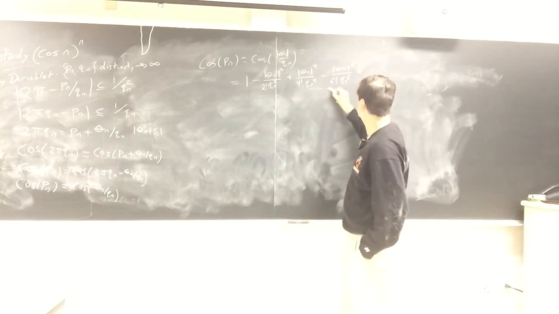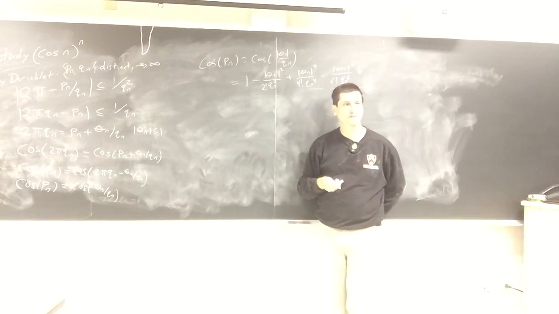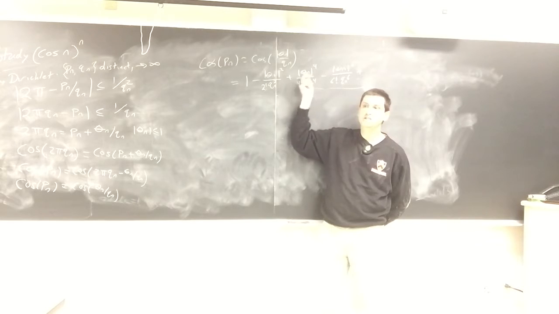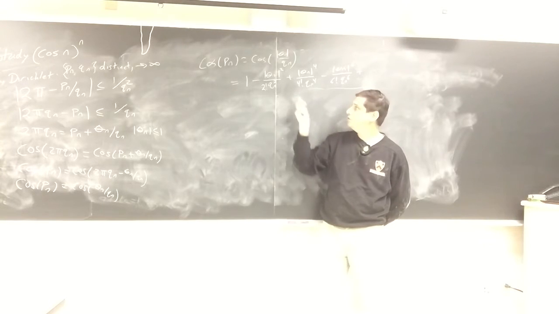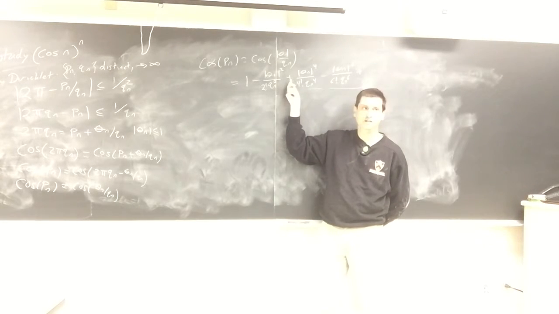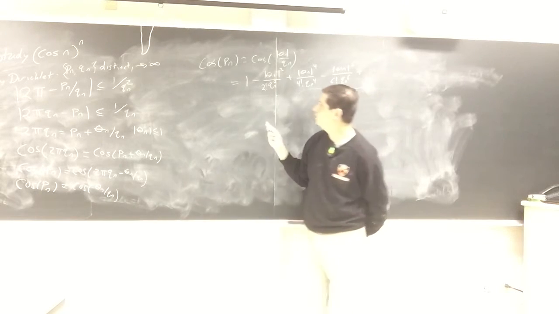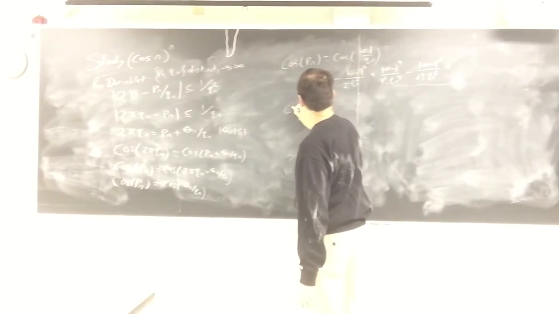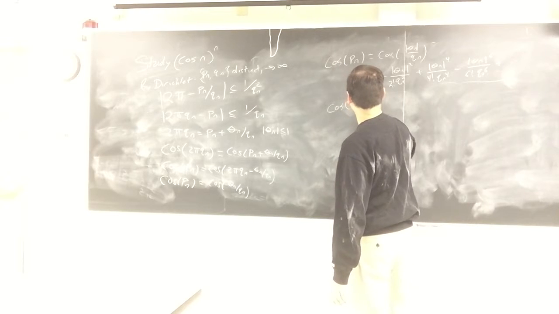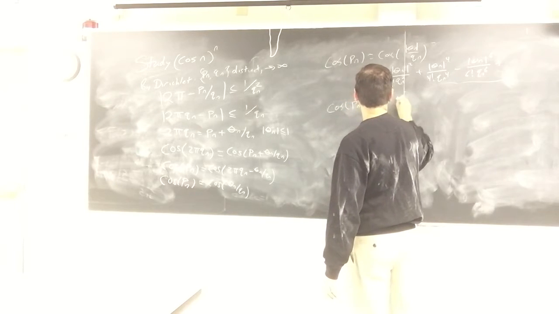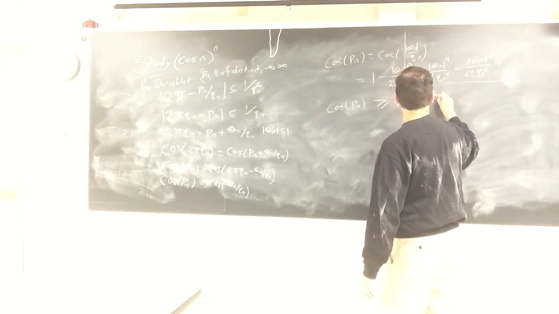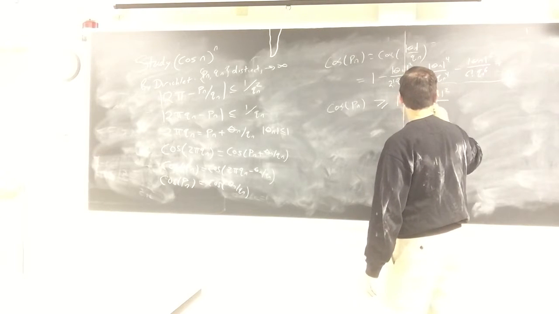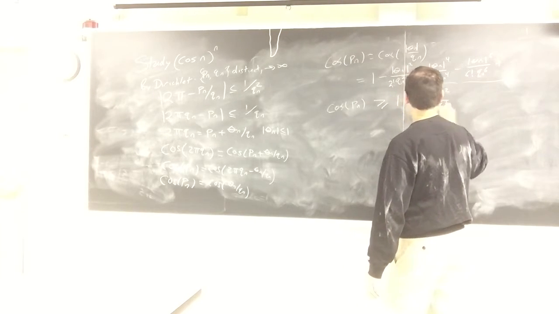A lower bound, because all of this stuff here, the net effect is positive. This is an alternating series, right? And the terms are strictly decreasing. So if I truncate it here, I've made it smaller. So we know that the cosine of pn is greater than or equal to 1 minus theta n squared over 2 factorial qn squared.